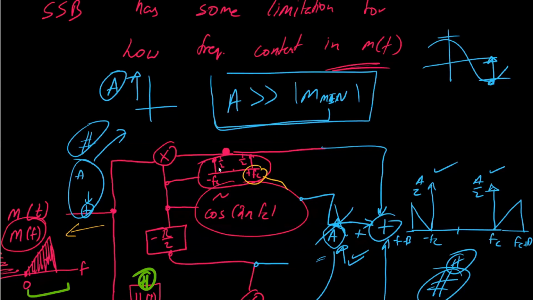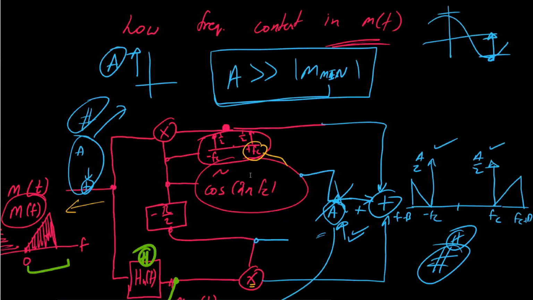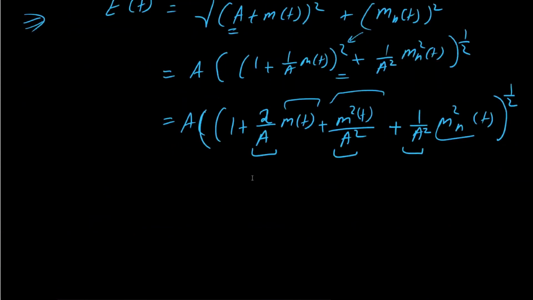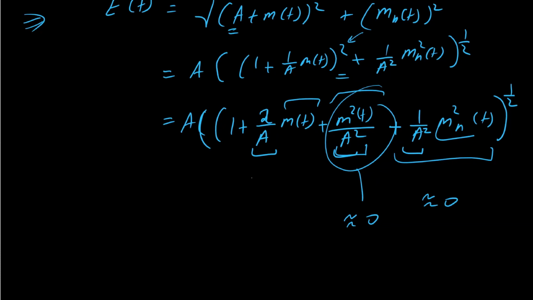A has to be much greater than the peaks of the message signal. If this is the case, that is basically what is desired. So in that case, this A squared term would be approximately equal to 0, because A is much greater than the message signal. And again, this term would also be approximately equal to 0, based on the same logic, that A is much greater than m of t.